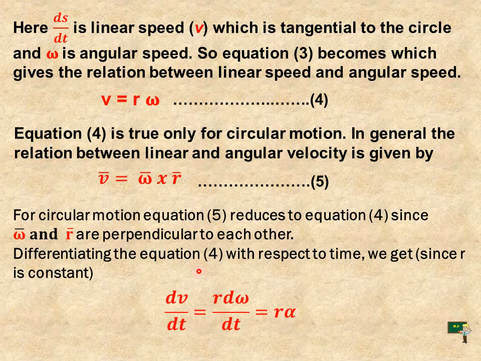If you differentiate equation 4 with respect to time, r is constant here, so dv by dt is equal to r d omega by dt. Instead of d omega by dt, we get alpha, so we get r into alpha.